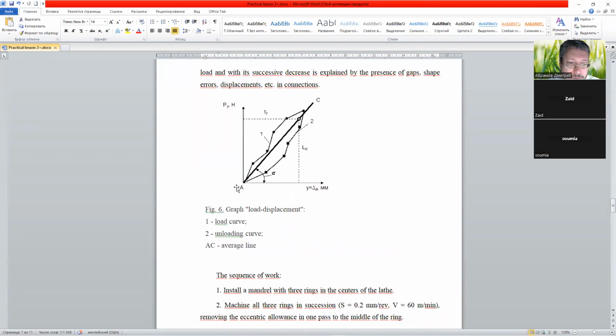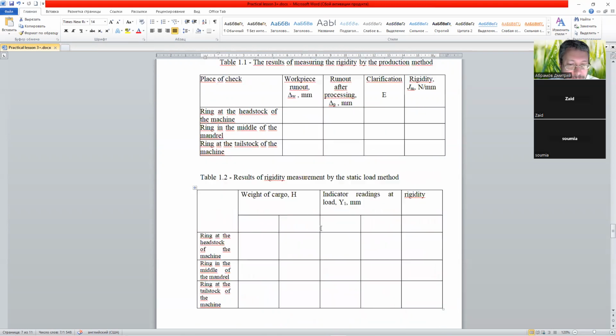But you only have 2 points, the first point and the second point, and 1 line for the first ring, a second line for the second ring, and a third line for the third ring. It's load in Newtons, and delta Y in millimeters.